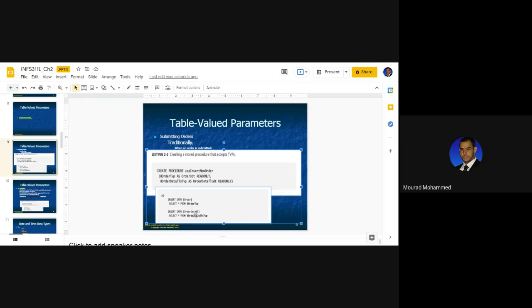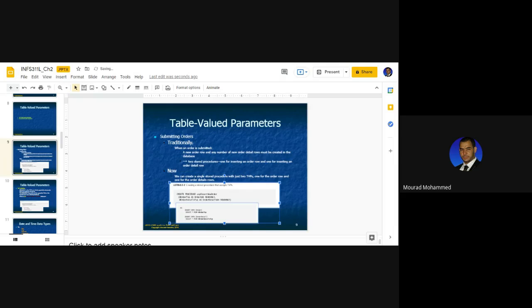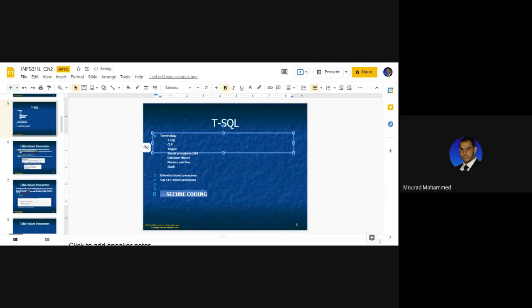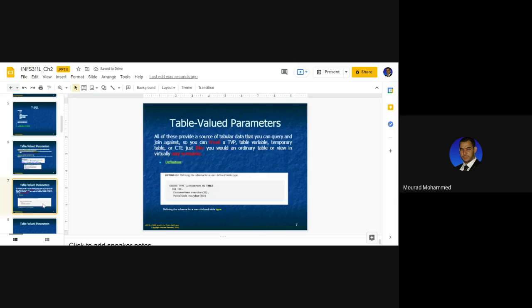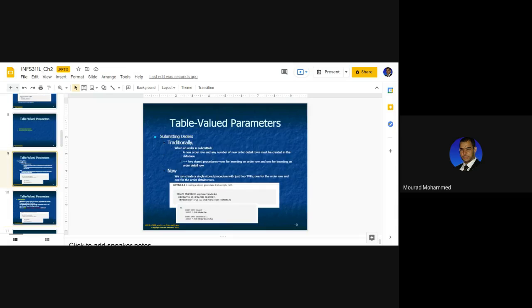You see the difference here? In the traditional systems, one transaction might succeed and another transaction might fail, because they are not related 100%.